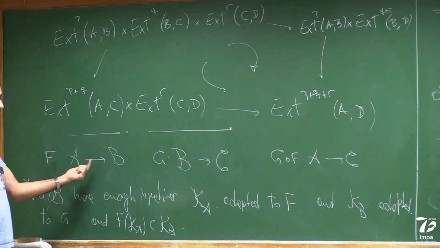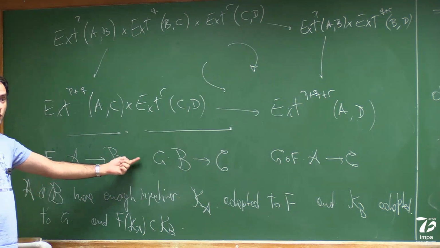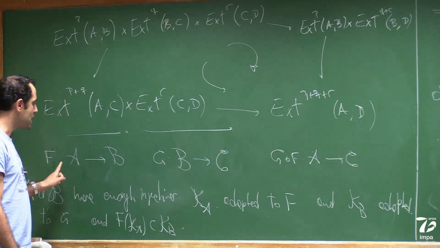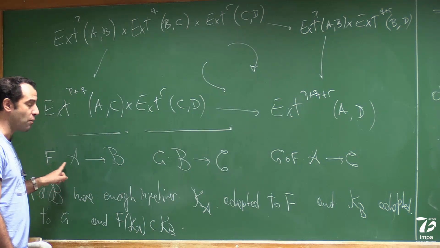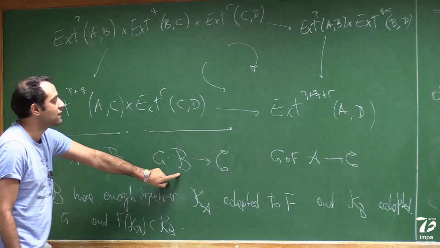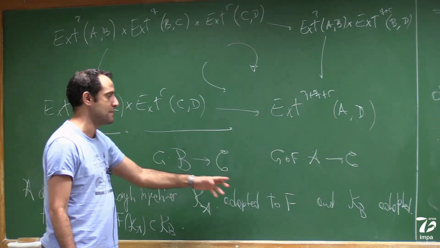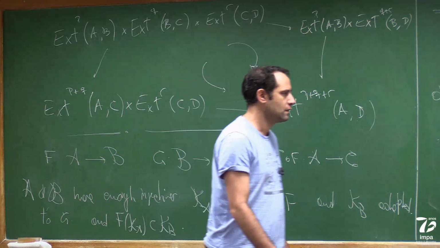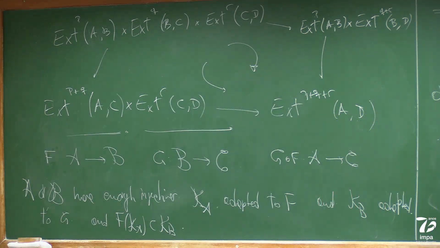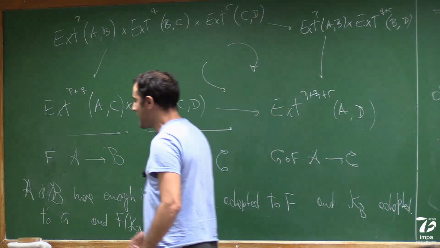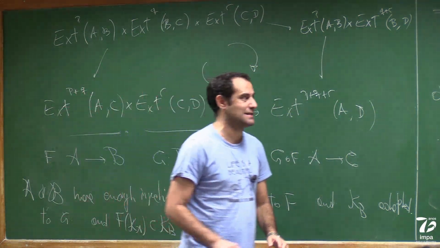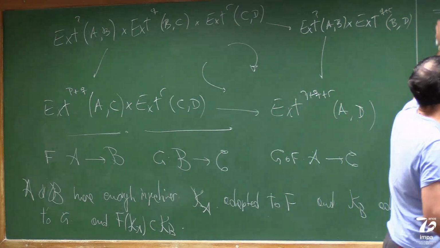But typically, you don't have that condition that you send injectives to injectives. But what you can have is that you send complexes of injectives to complexes of things that are in this category that is larger than injectives in B. So if you were looking at projectives, the situation would be you may have a functor that sends projectives to flats, but not necessarily projective.